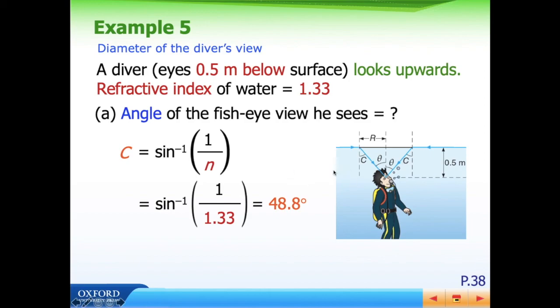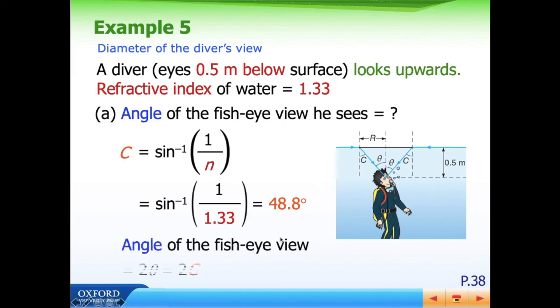To calculate the critical angle, we use the critical angle formula, which is equal to sine inverse of 1 over n. Our n is the refractive index of water, that is 1.33. Therefore, our critical angle will be around 48.8 degrees. Since we want to determine the angle of the fish eye view, that critical angle is equivalent to our theta here.